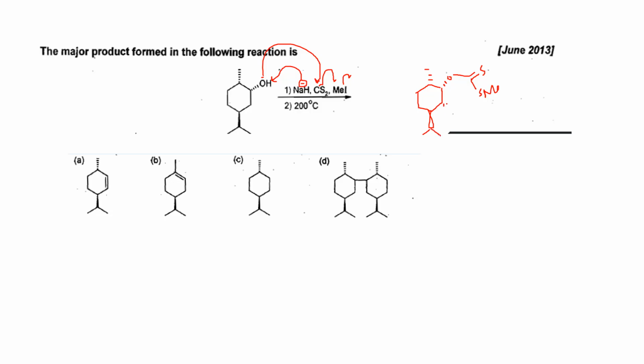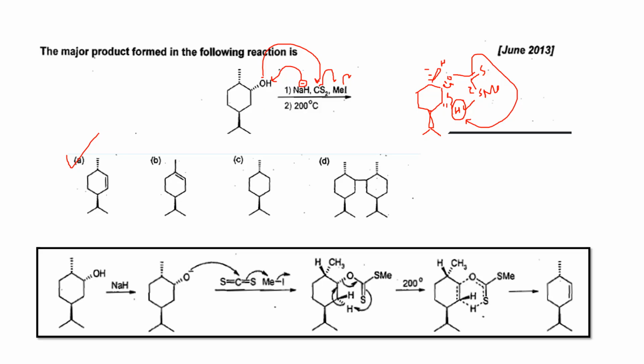Here there is a hydrogen available, but this hydrogen is not syn to this xanthate. So which hydrogen will be involved? This circled one comes here, and by elimination generates this as our product. So the correct option is option A.